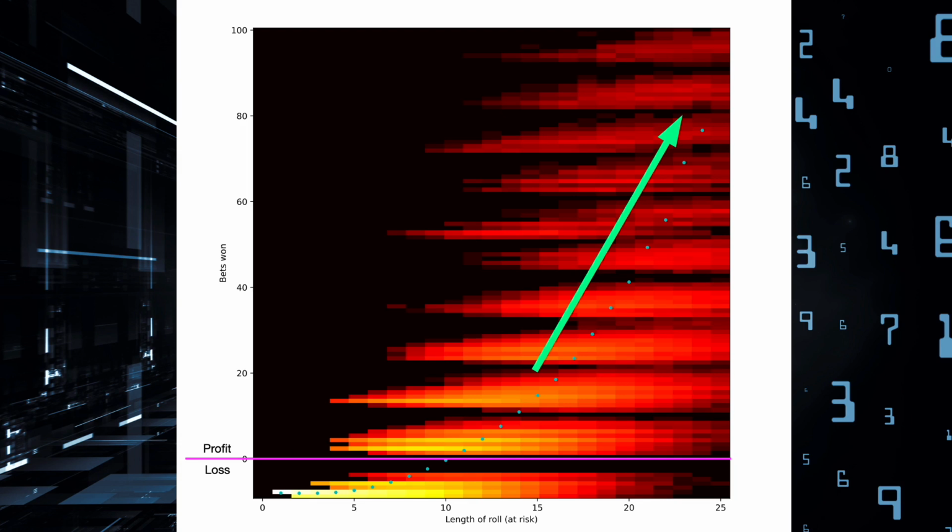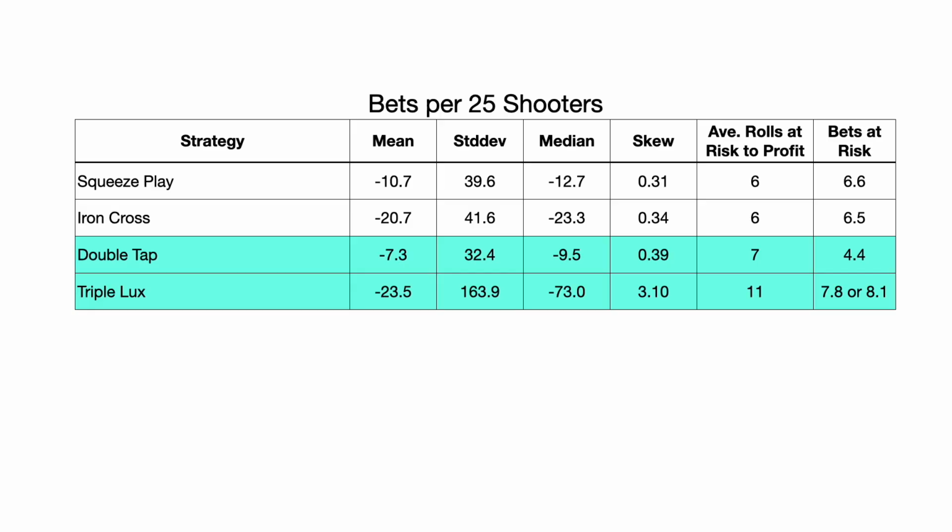Now that we've had a look at the triple Lux, let's compare it with double tap and the other strategies we've looked at. Here I've added double tap and triple Lux to our table of craps strategies and highlighted them in color. Looking at the mean, you can see that double tap has the best performance of any of the strategies we've looked at so far.